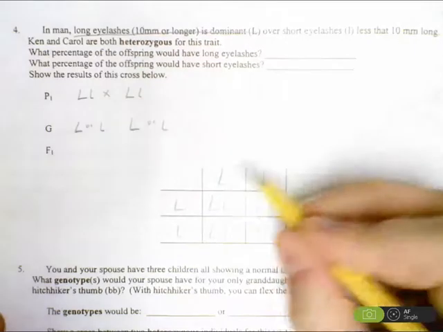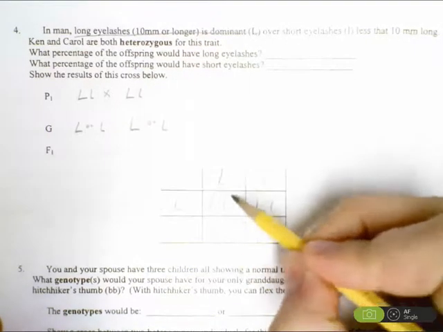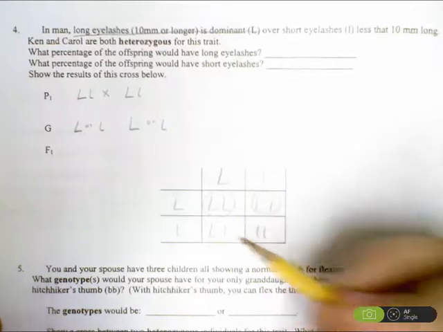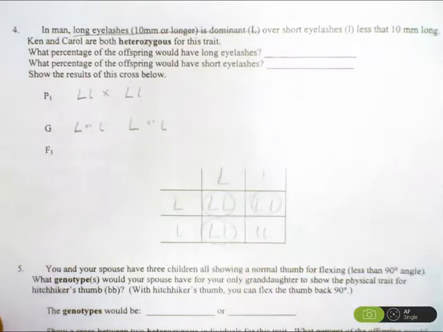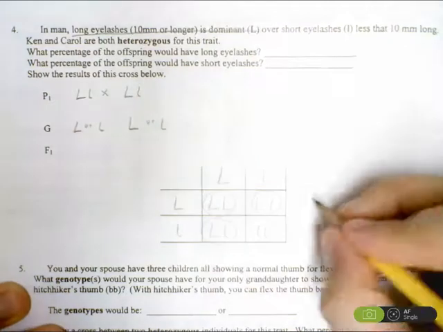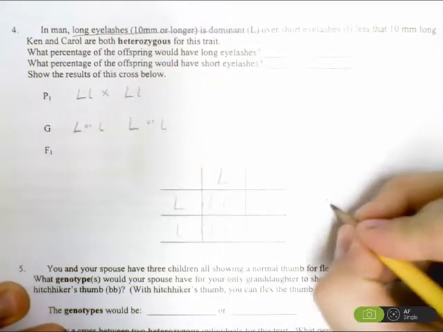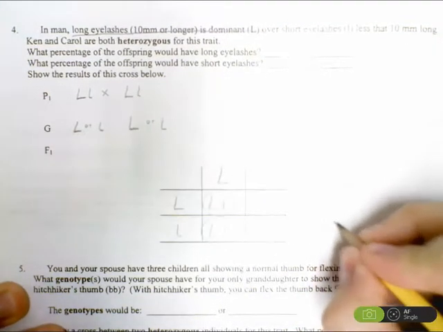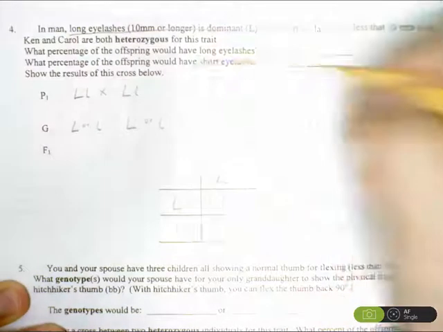So we circle any of them that have an uppercase L in them. In this case, we have 3 of 4, or 75% of the offspring would have long eyelashes.